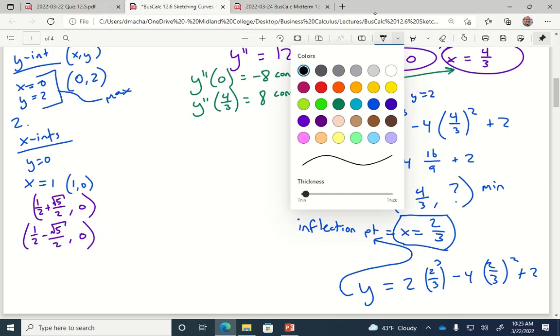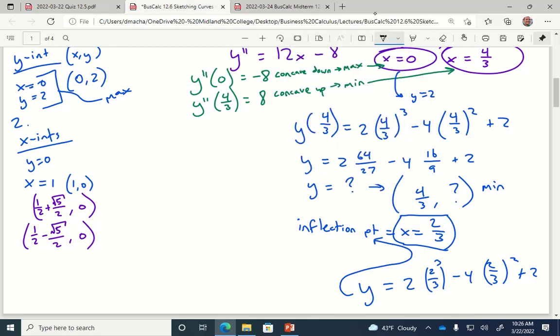I want to give myself more space, but I also don't want to erase too much of the work we've been doing. So I'll settle for having a kind of small xy plane.